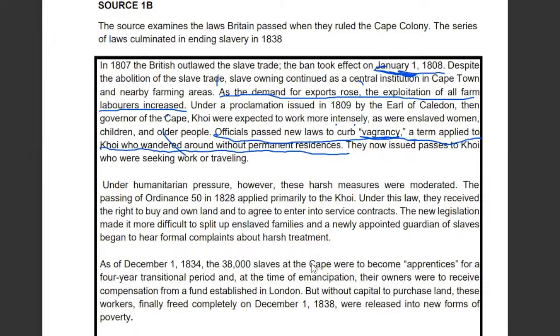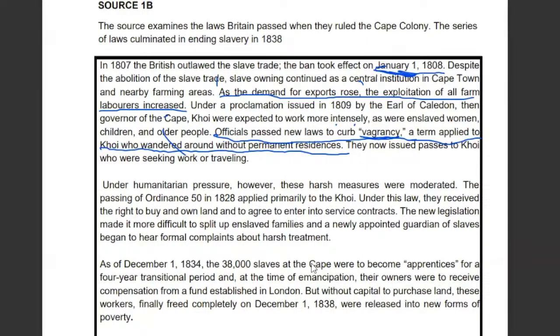They were now wandering around, moving all over because their original places were taken and they were being driven off the land. So they were trying to find a new way of survival after being driven off their productive lands.